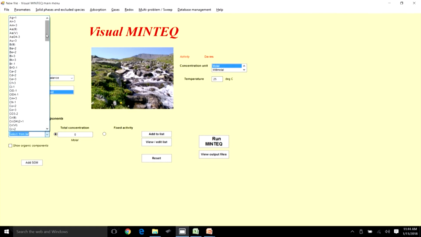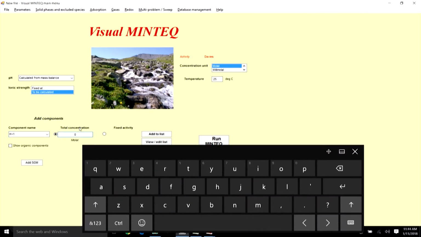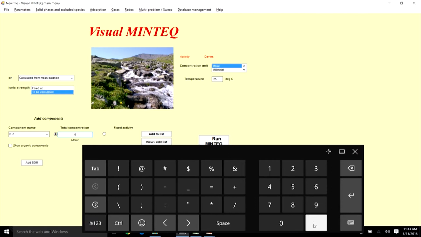So let us say I have H2CO3 in my system. I am going to take H+, and let us say the concentration is going to be equal to 0.001 molal, right? And I am going to add that to the list, and let us say it is going to be H2CO3, so it is going to be 2 times.